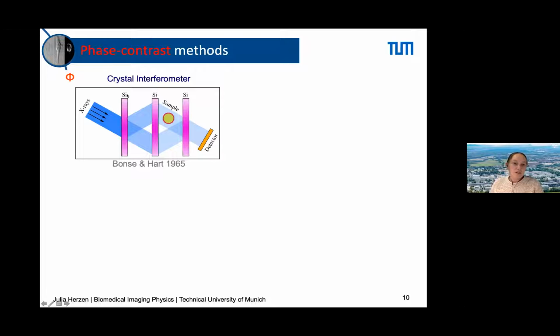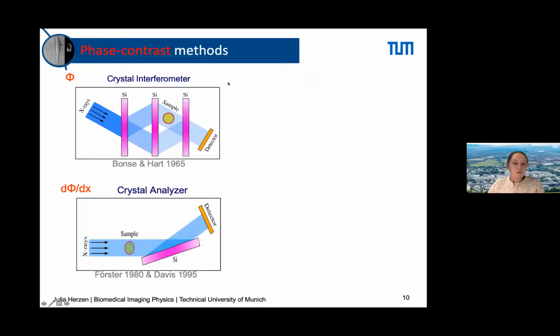These are single crystal interferometers, etched in silicon, and the Bragg reflection is used here to separate the beam in two paths. One is the reference beam, and the other one contains the sample, and afterwards they interfere again, and what you measure is directly the phase. It's a very sensitive method. It detects the phase directly, as I mentioned, and was one of the first demonstrations.